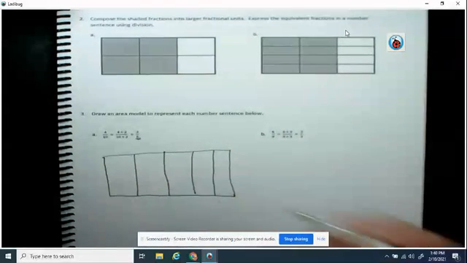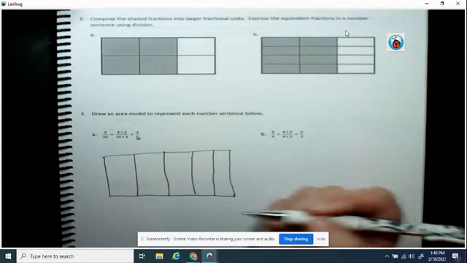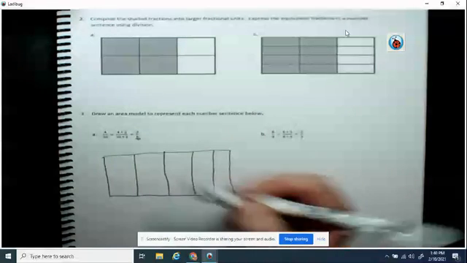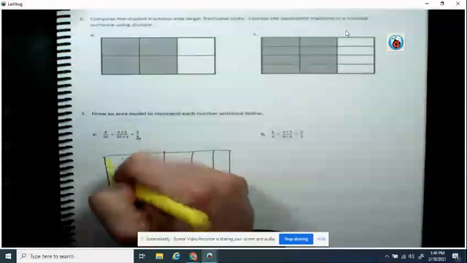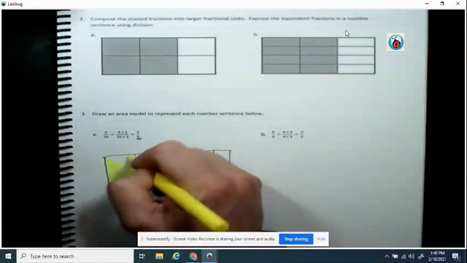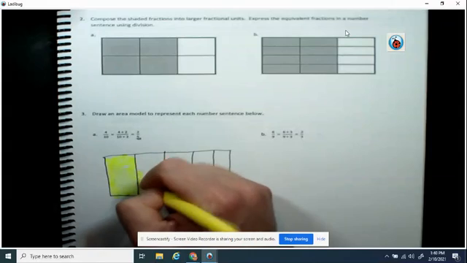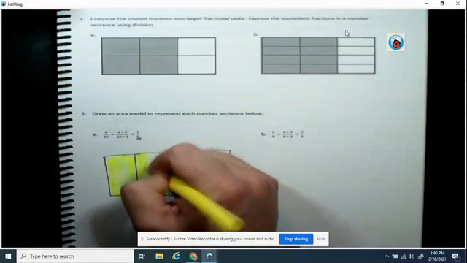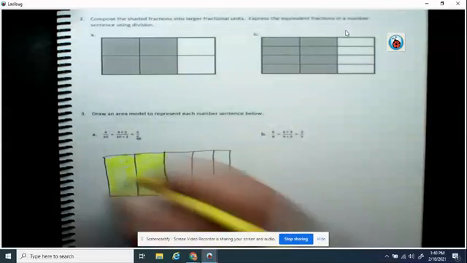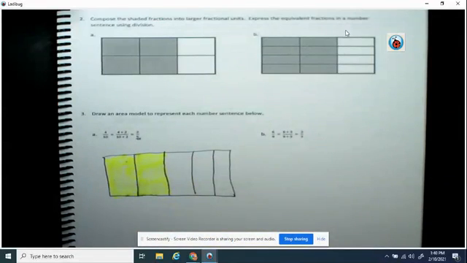That's close enough. Okay, they're not equal, but that's okay. So there's my fifths, and I'm going to shade in 2 of my fifths. Okay, and so I've got 2/5 shaded in.